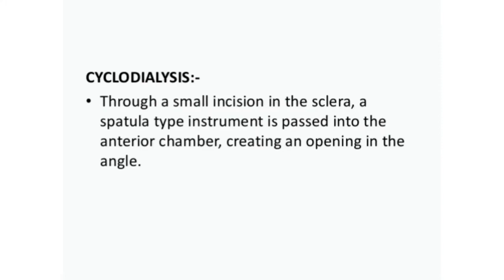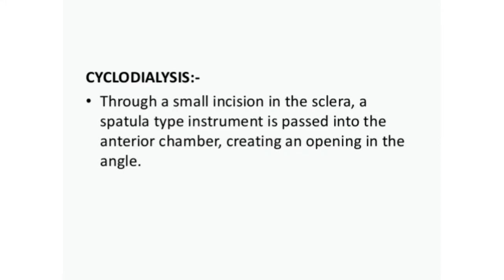Now there is another method known as cyclodialysis. So what is cyclodialysis? Basically it is just like a dialysis method. Dialysis, you know, we do in the kidney. Basically a small incision is made on the sclera. A spatula type of instrument is passed through that opening in the sclera into the anterior chamber, and creates an opening in the angle.